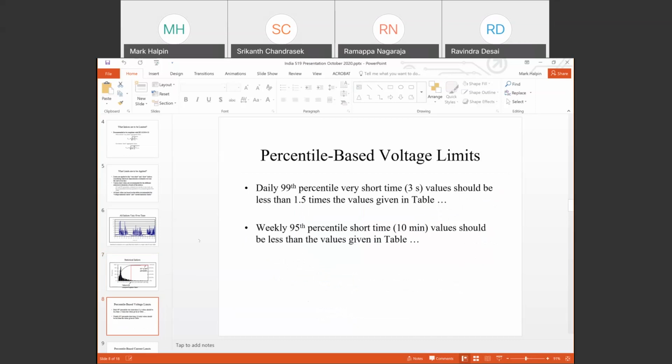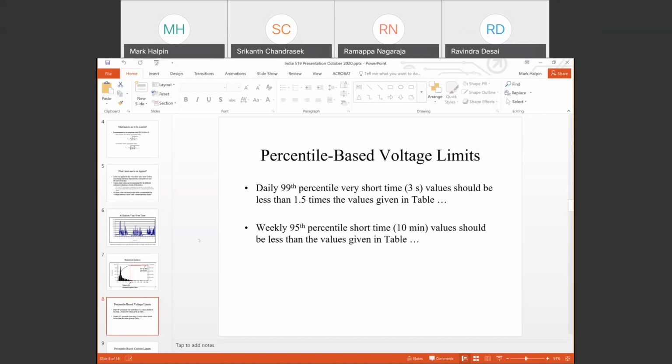For the very short, the 3-second indices, the 99th percentile of the 3-second or very short indices, evaluated over 1 day, should be less than 1.5 times the value given in the appropriate table.